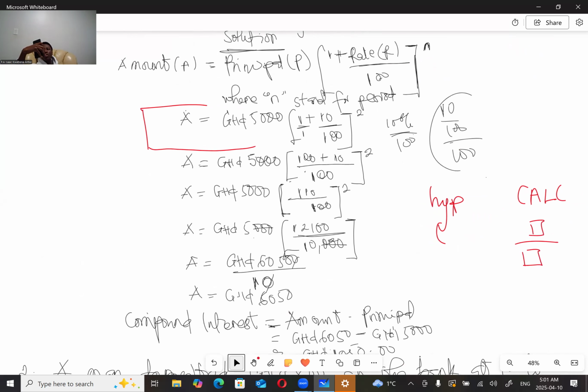The rate is 12%. The period is 3 years. Check it again. If you know these parameters, you'll be able to do substitution in your formula. So when you substitute the formula, you can use a calculator to tell you the final result.